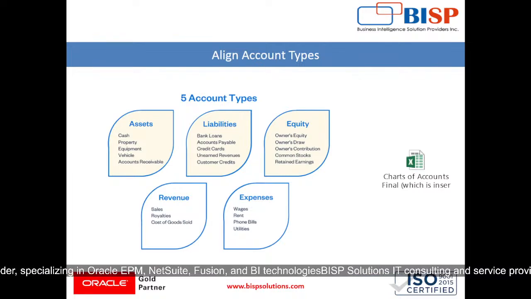Then in equity, we will be covering owner's equity, drawings, contribution, common stocks, retained earnings, like that. Then in revenue, we will be mentioning sales, royalties, cost of goods sold. And in expenses, we will be mentioning wages, rent, phone bills, utilities, like that.